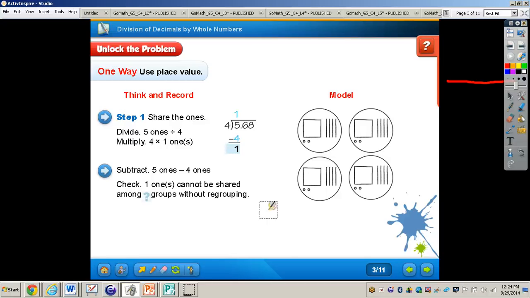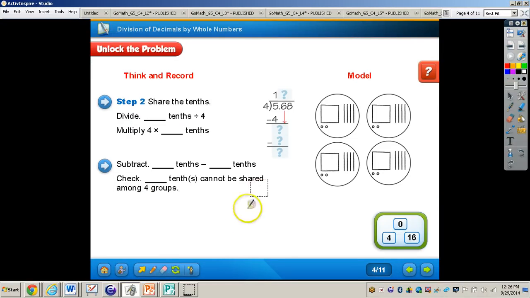Then we bring down that 6, making it 16. So let's take a look at 4 into 16. It's going to go 4 times.